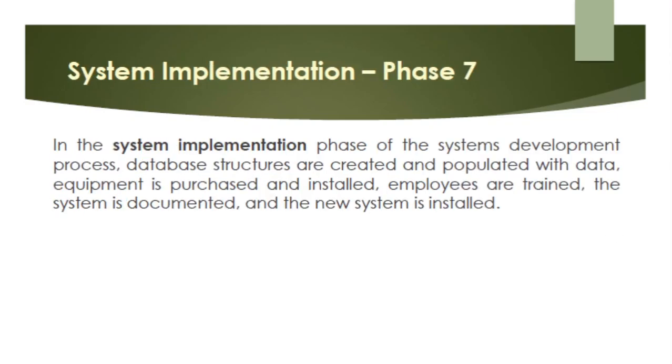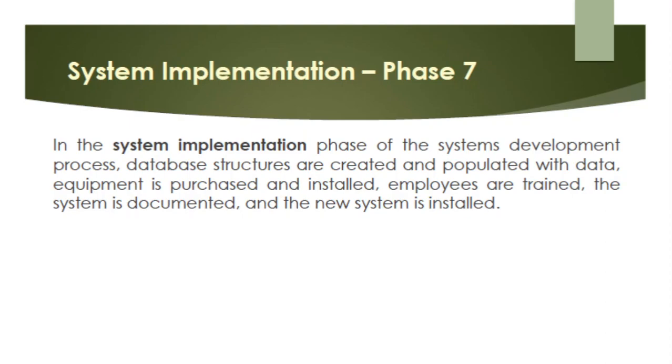Next phase, second to the last phase, is our system implementation. So in the system implementation phase of the systems development process, database structures are created and populated with data. Equipment is purchased and installed. Employees are trained, the system is documented, and the new system is installed.